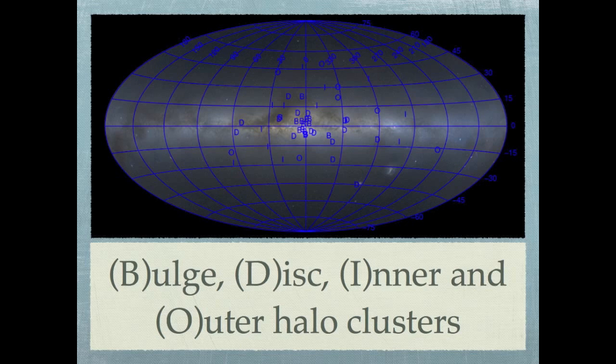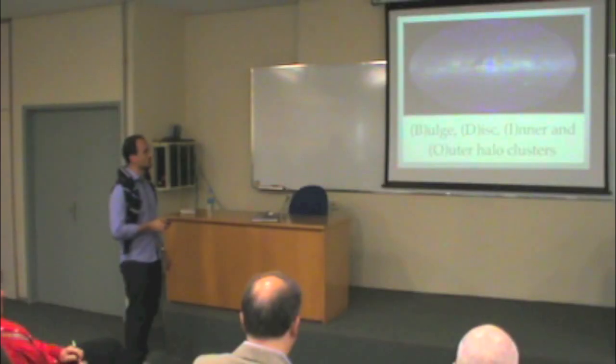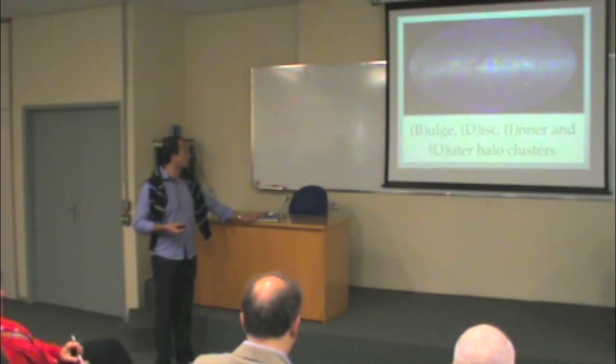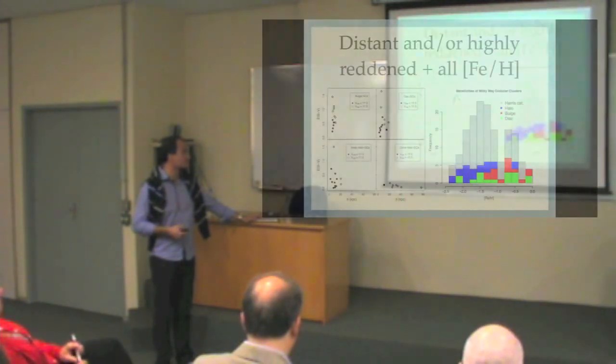And the clusters are distributed like this. These letters mean the components. So they are distributed along both the inner and outer halo. So they cover all the populations and all the area here. So we can derive many things from this data.